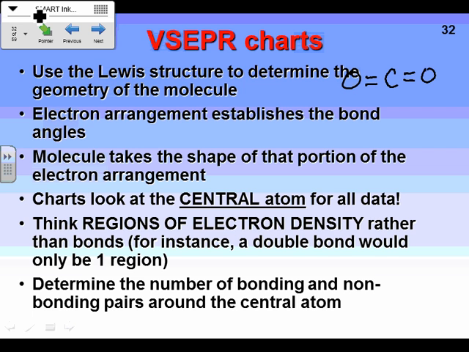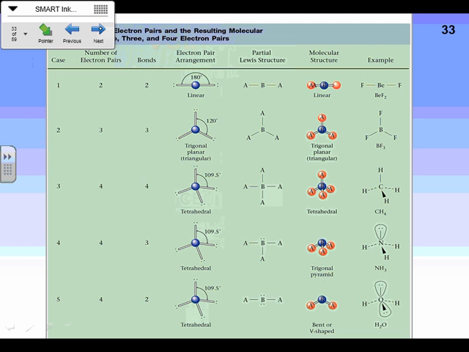So even though there's 4 electrons here and 4 electrons here, we're just going to say that there's two regions around this carbon that we have to worry about. Okay, this is all going to make more sense once we start actually practicing this. All right. Then you need to determine the number of bonding and non-bonding pairs, and that's going to help you determine the shape. Okay. A lot of that probably isn't going to make a lot of sense yet, because we need to actually do some of these first.